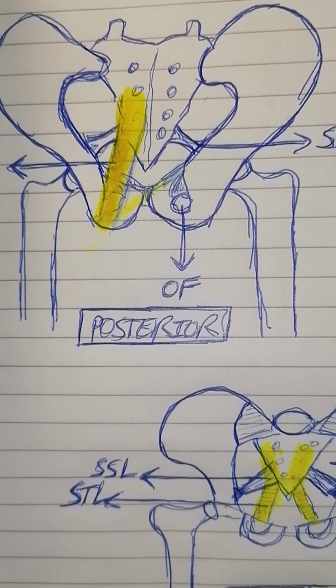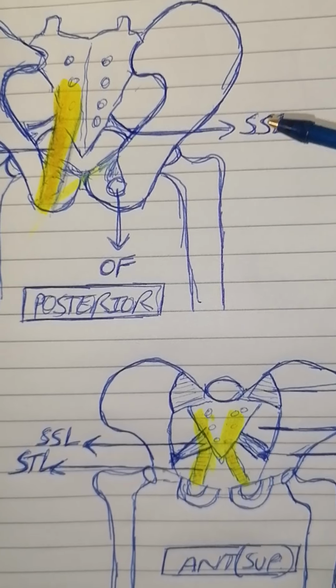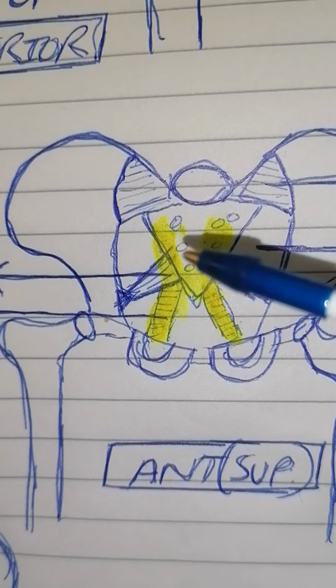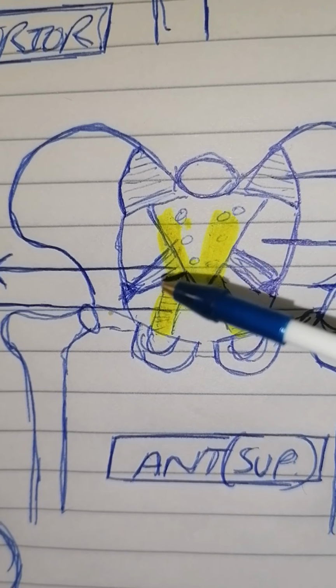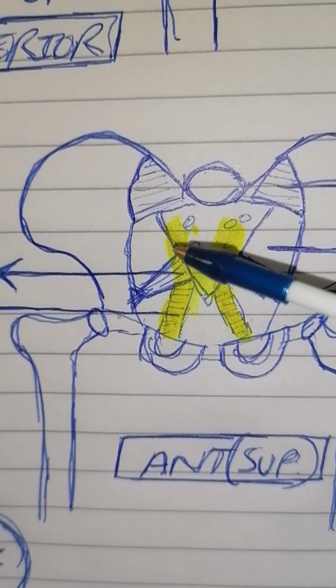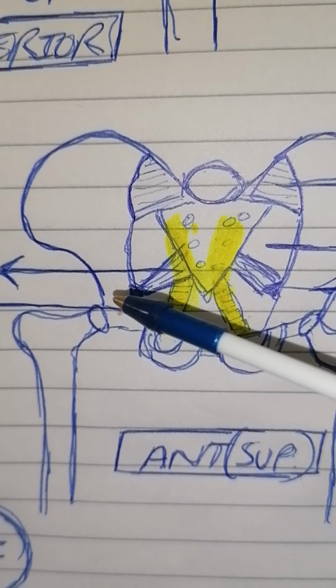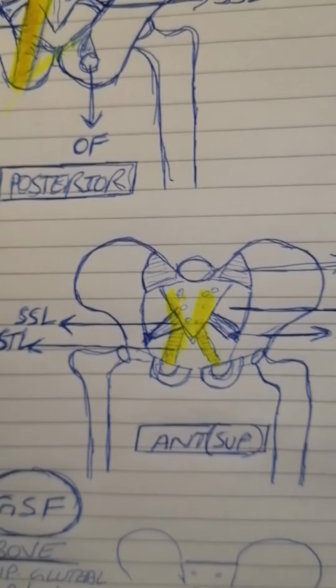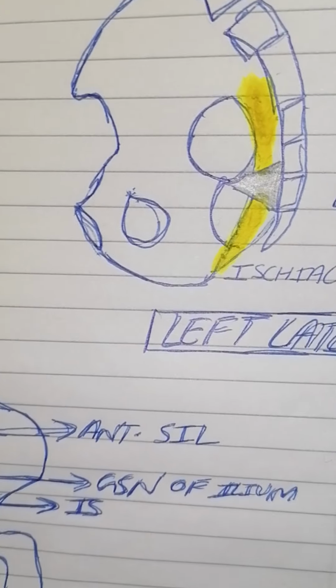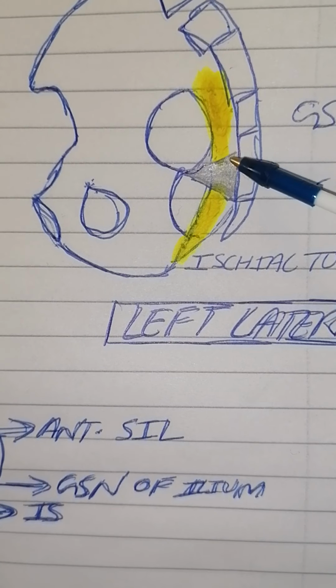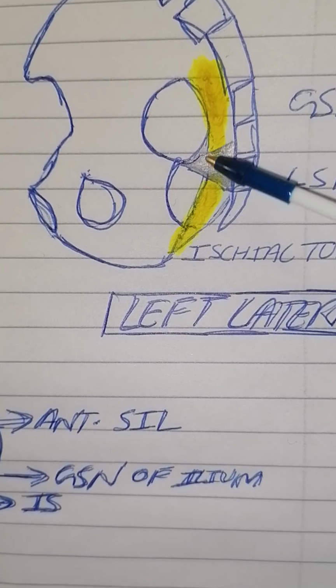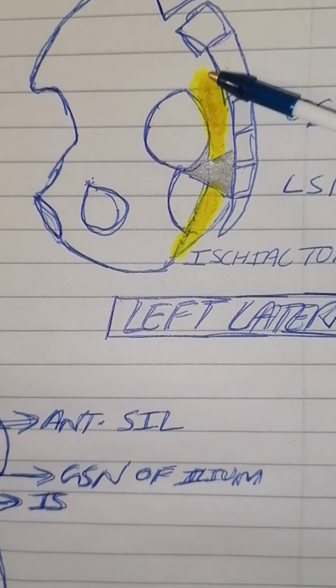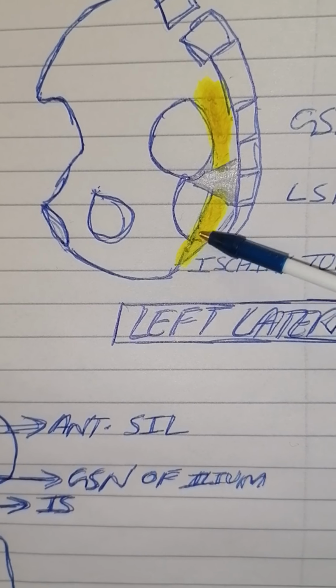Whereas your other one, SSL, is coming from, this is the anterior view, coming from your sacrum inside, anteriorly from your sacrum and inserting to your spine. All right. And this is your lateral view, sacrospinous ligament, sacrotuberous ligament coming all the way from your sacrum and going towards your ischial tuberosity.